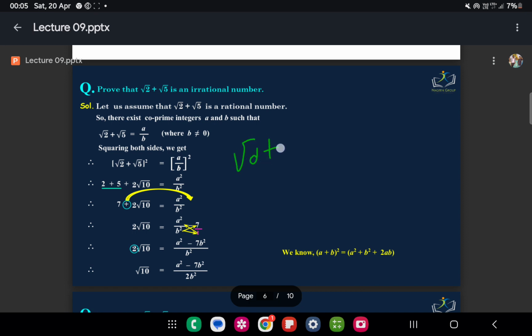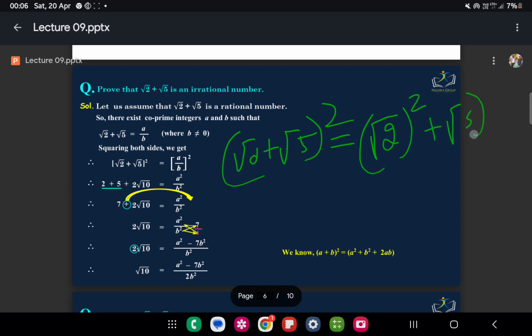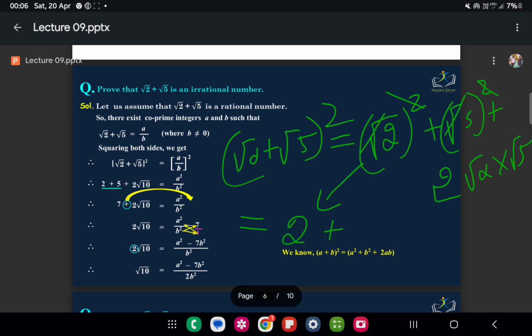Like that we can consider root 2 plus root 5 whole squared, that is equal to root 2 whole squared plus root 5 whole squared plus 2 into root 2 into root 5. So root 2 whole squared, the square and root get cancelled, giving 2; here also the root gets cancelled, 5 is remaining; plus 2 into root 2 times root 5, multiplying we get root 10.